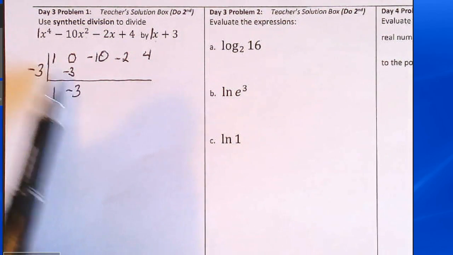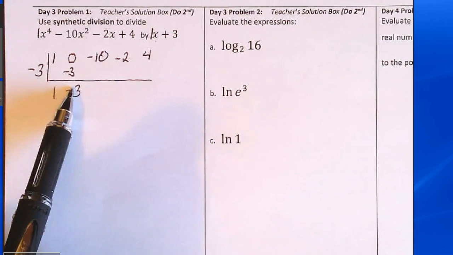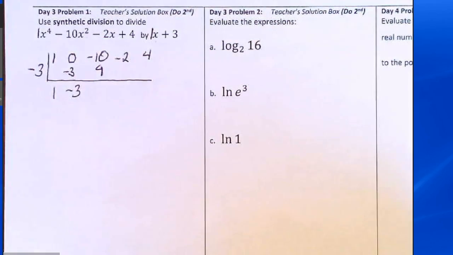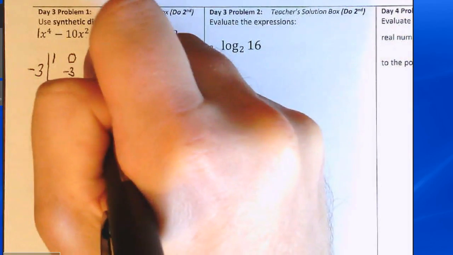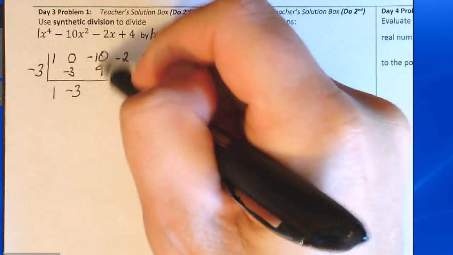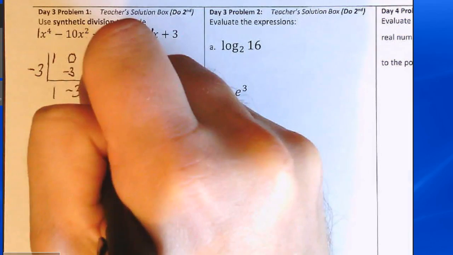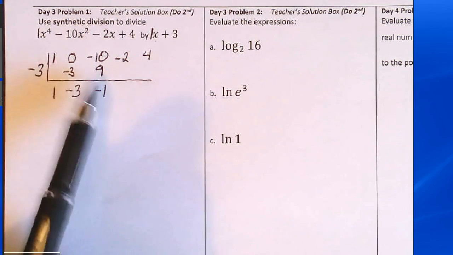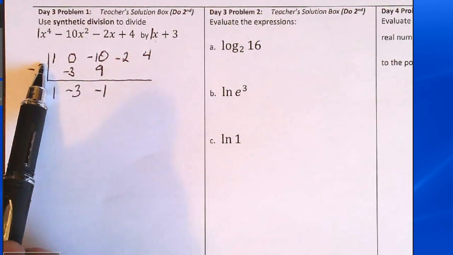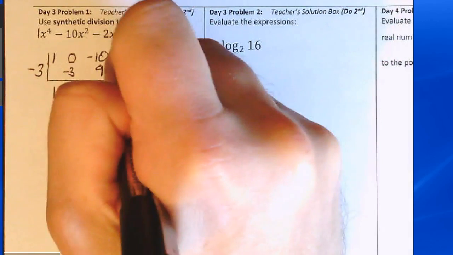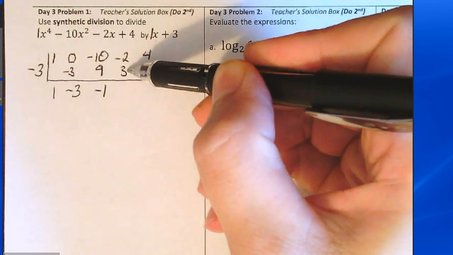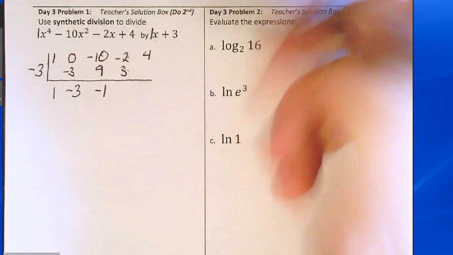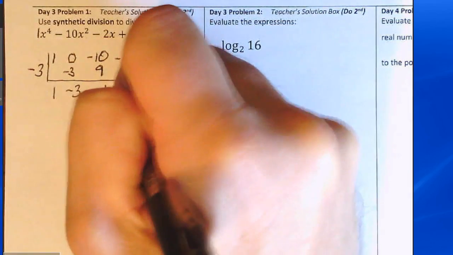Multiply these together to make positive 9 and record that result under the next coefficient. Now add these together. Negative 10 plus 9 is negative 1. Multiply these together, negative 1 times negative 3, and record that result under the next coefficient. Now add these together. Negative 2 plus 3 is positive 1.